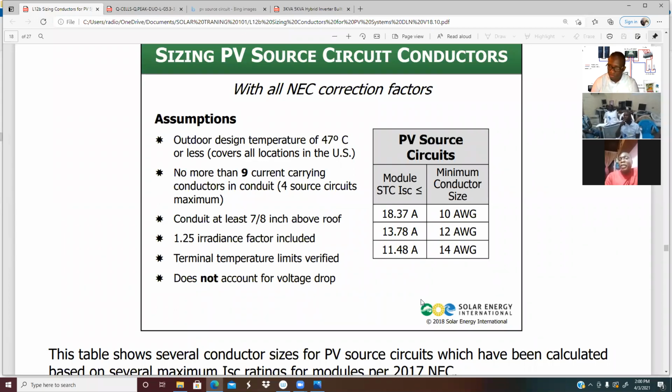But for most installations, we use a flexible copper cable, because the copper cable works the same way the PV cable works. The PV cable is copper, but the copper is different. It looks like aluminum.